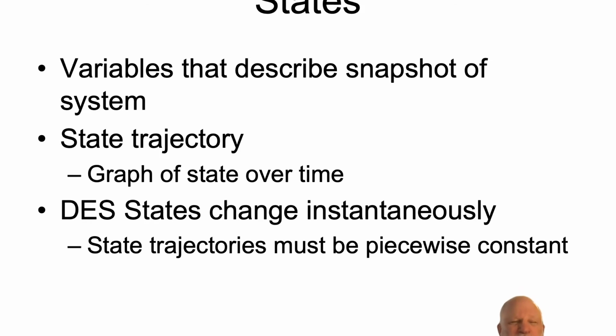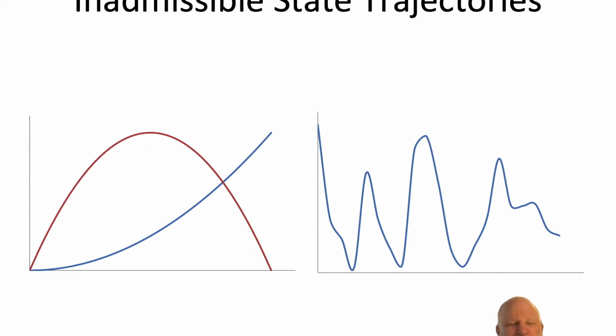So again, a state trajectory, as we mentioned, is just a graph of the state over time. Discrete event states change instantaneously, so the state trajectories must be piecewise constant. That means they can't look like any of these. For example, if I'm modeling the trajectory of an artillery shell, that might look like this red one right here.